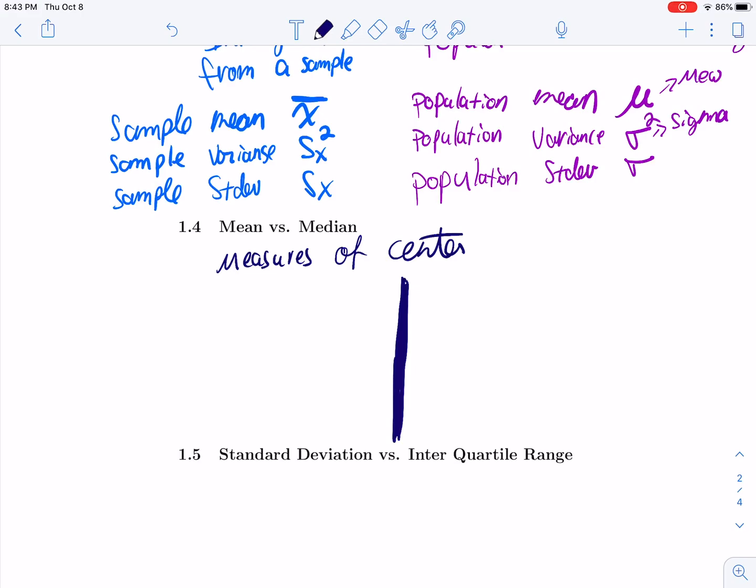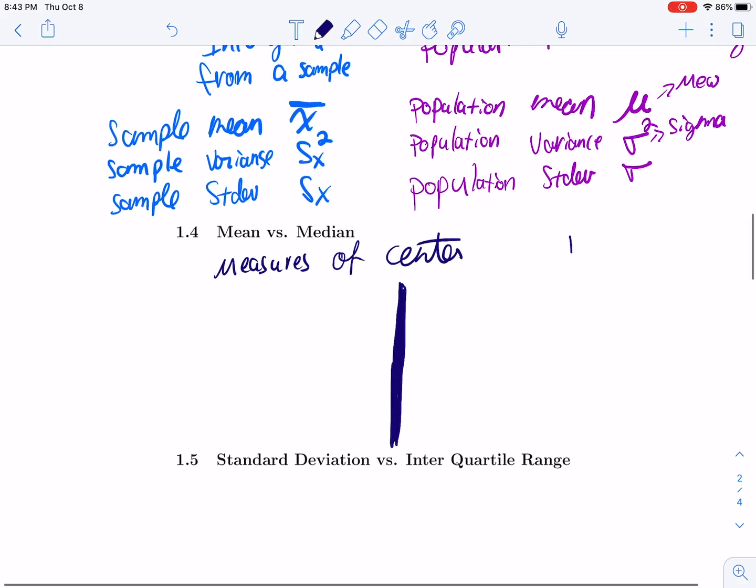And what do I mean by that? So let's just take a look at a quick example. 1, 2, and 3, right? In both cases, the mean and the median is 2. There's no real outliers here. What if though I replace 3 with 300?